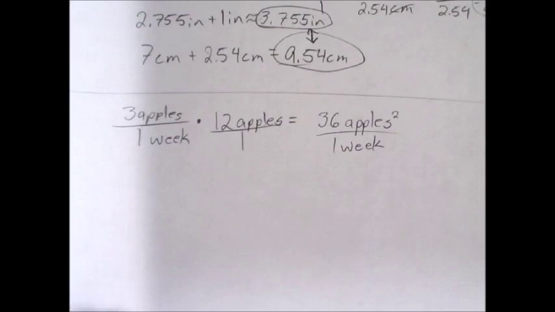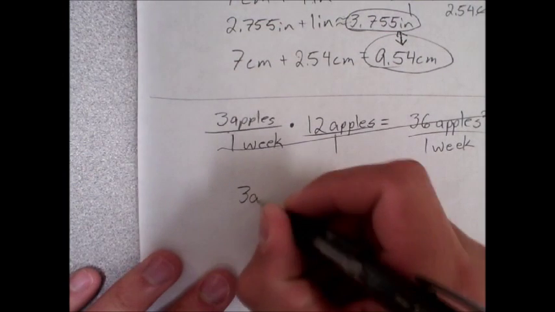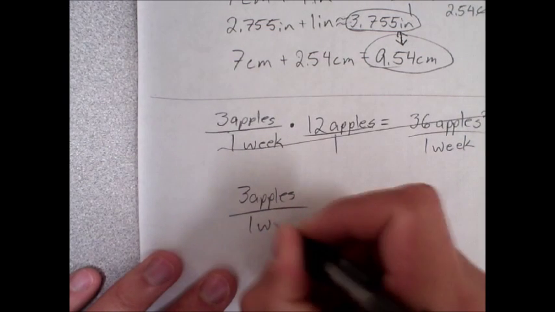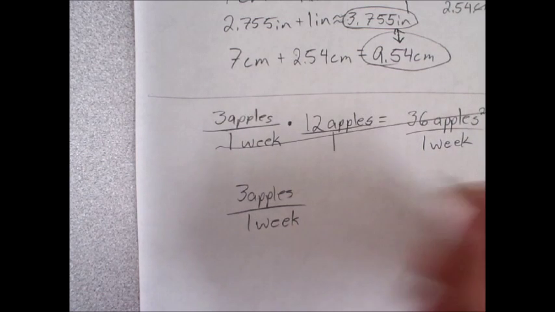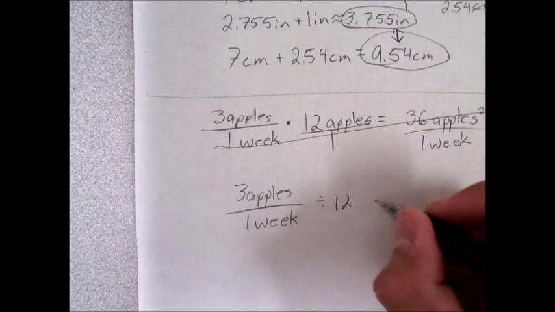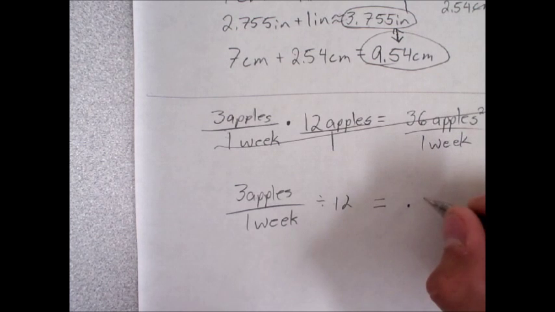So I look at this already and go, well, this is silly. Okay, so we know that that didn't work. We can't use multiplication to do that. So just like y'all said at the beginning, if we have 3 apples per 1 week, we need to divide, right? So we can divide that by our 12. So if 3 divides by 12, we get 0.25.